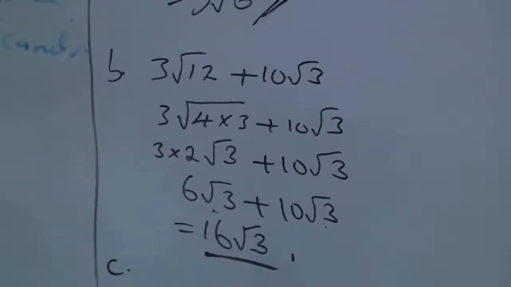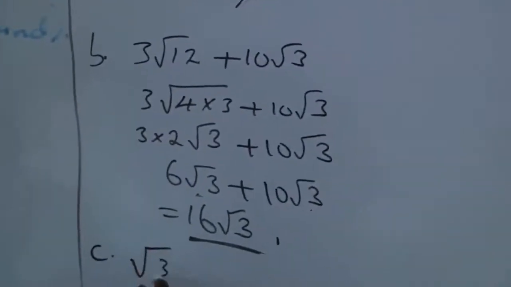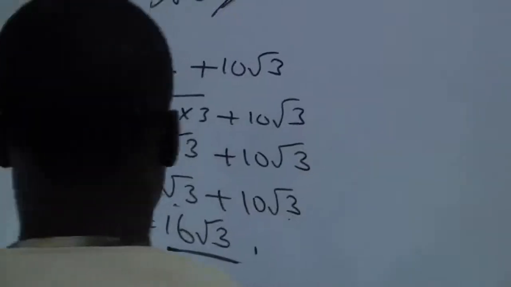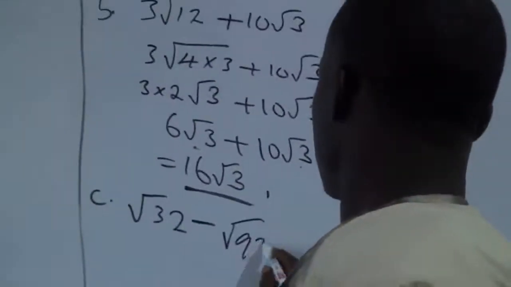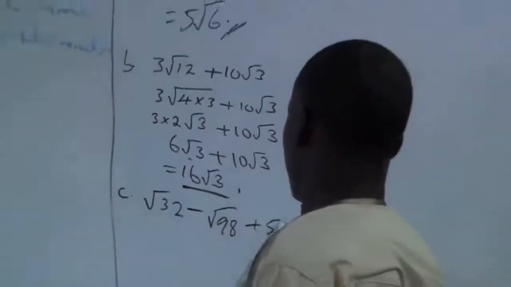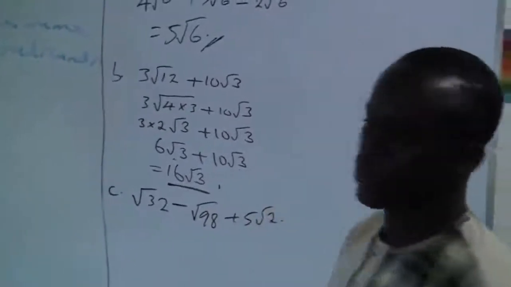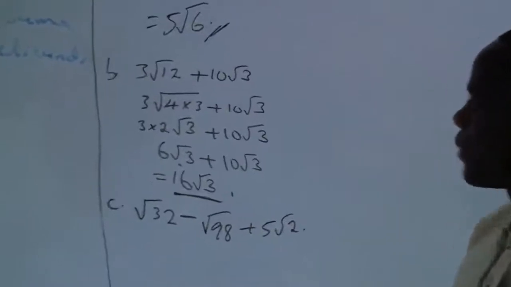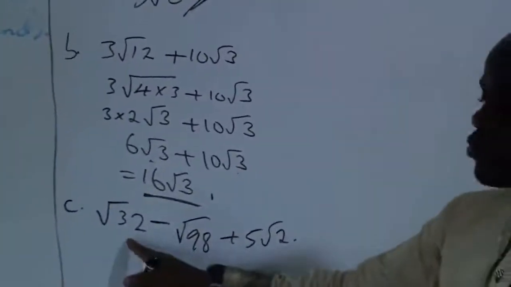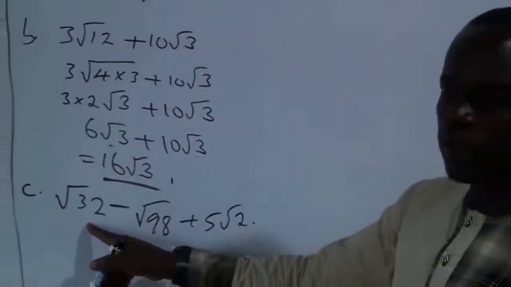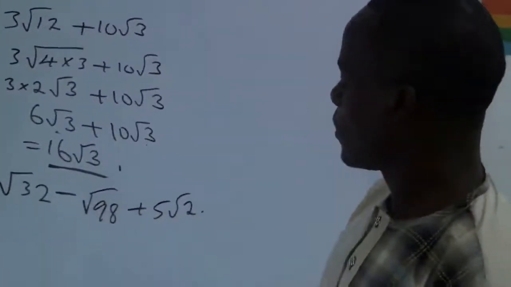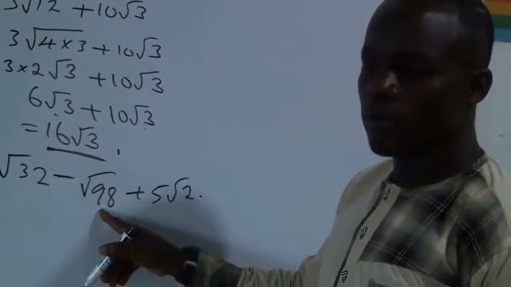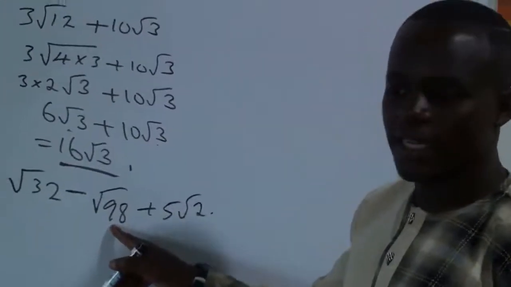Then the last one here, we have root 32 minus root 98 plus 5 root 2. Okay? Now if you check 32, it's going to be what times what will give us 32? 16 times 2. 98 will be what times what? 49 times 2.